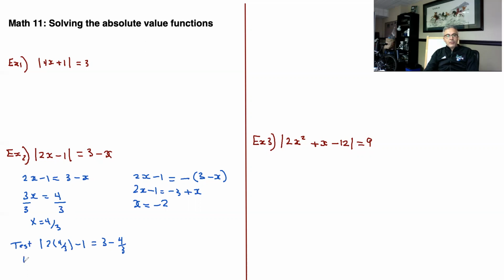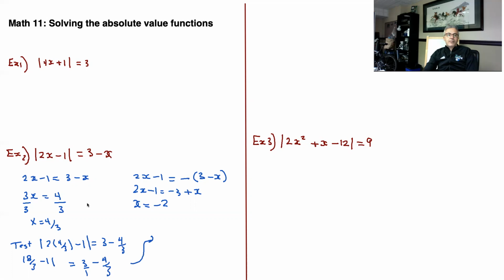The absolute value of 8/3 minus 1 equals 3 minus 4/3. And what I'm gonna do, I'm just gonna make this over 1 minus 4/3. Just gonna take it here, and now we have that's inside the absolute value, and that's inside the absolute value right there.